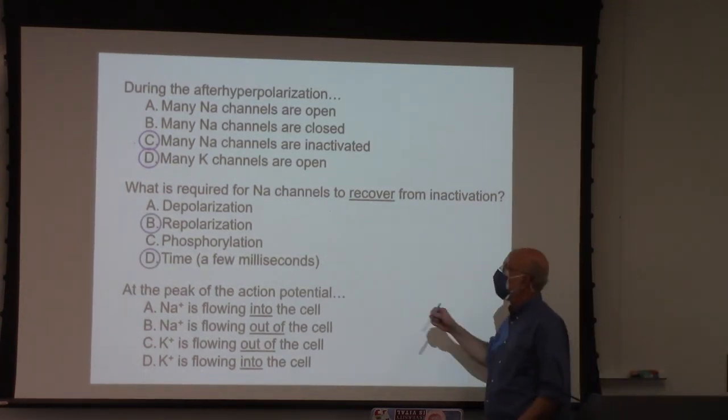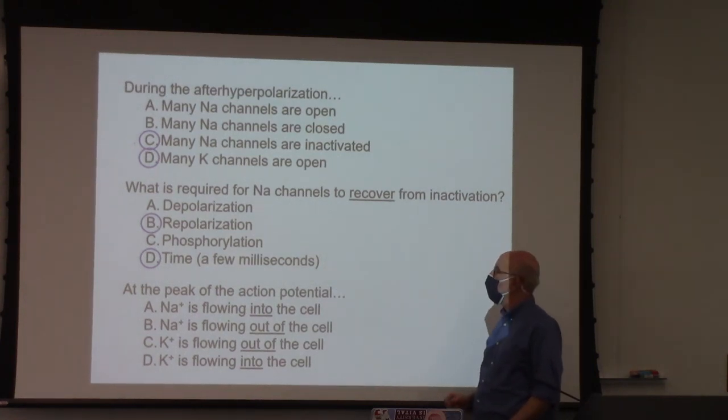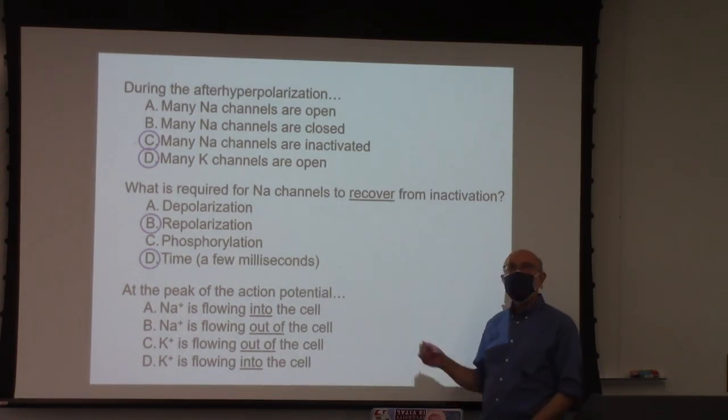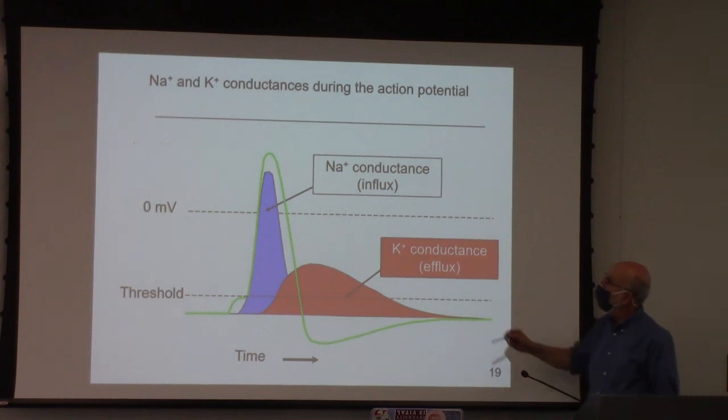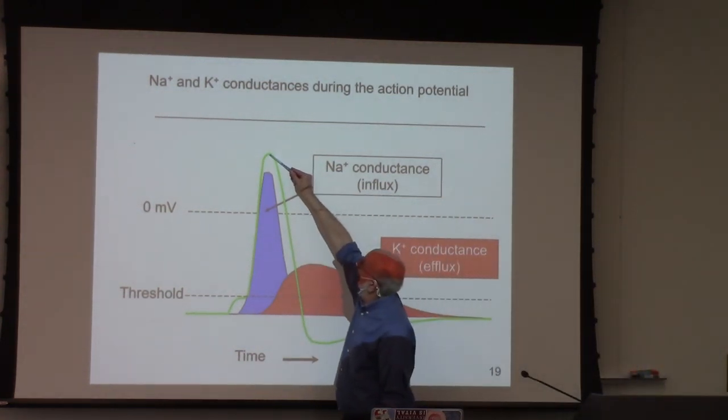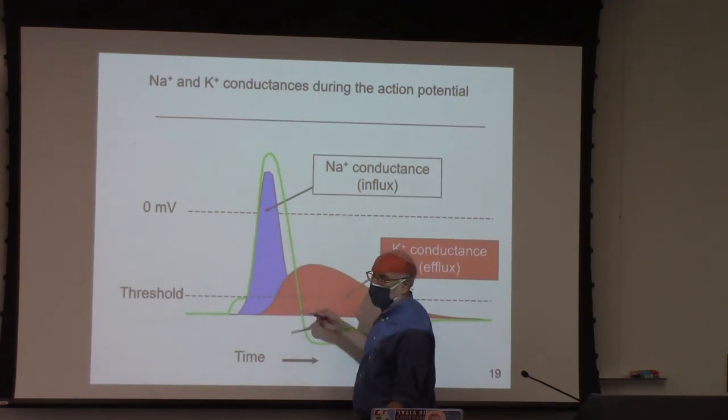Okay? At the peak of the action potential, let's talk about flow. Which way are ions flowing at the peak of the action potential? So by peak, I mean here. Which way are ions flowing? Sodium and potassium.